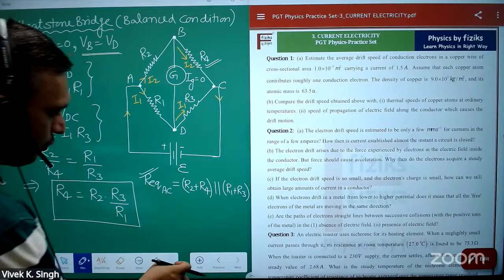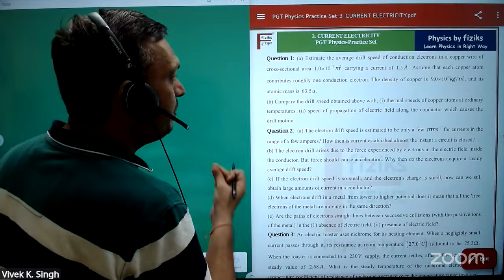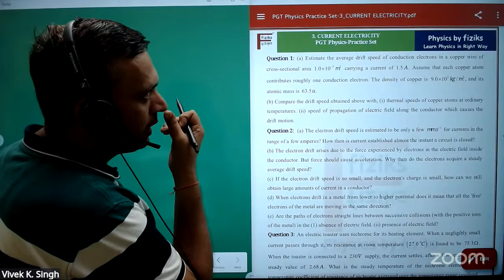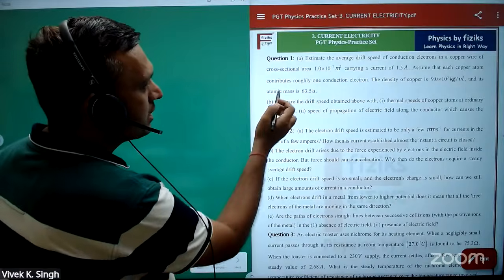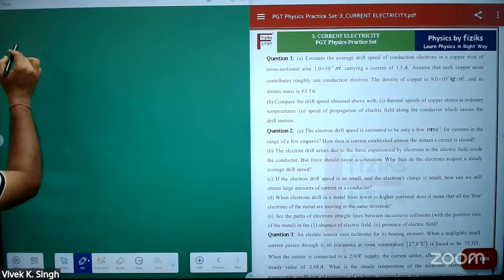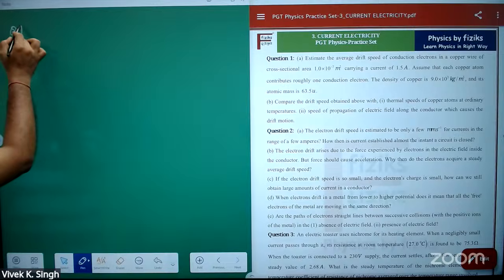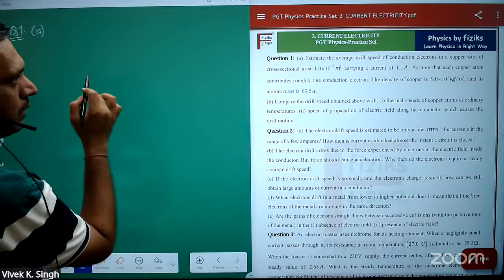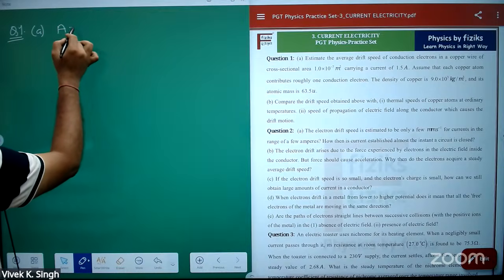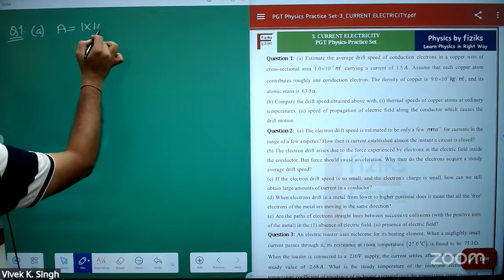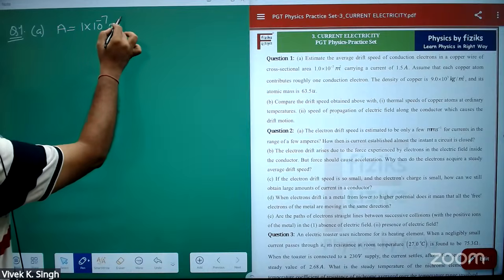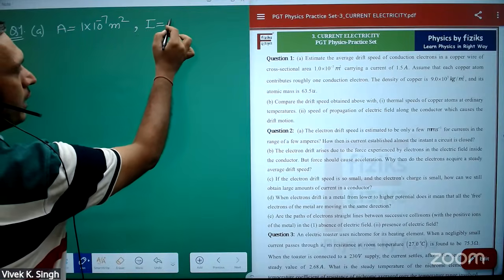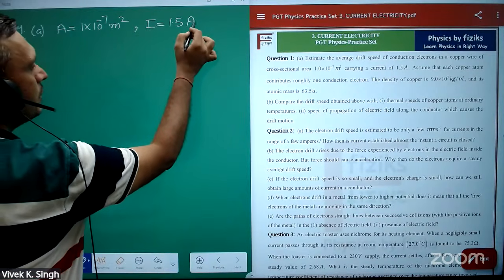So question number 1 is: estimate the average drift speed of conduction electrons in a copper wire. Just see question number 1, part A. The cross-sectional area A is 1 into 10 to power minus 7 meter square. Current I is given as 1.5 ampere.